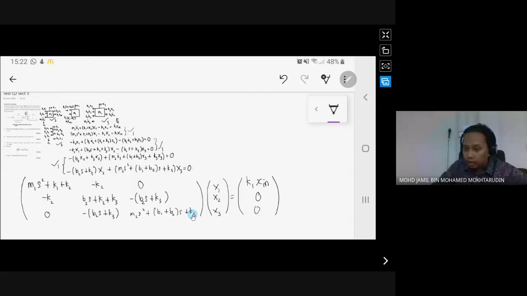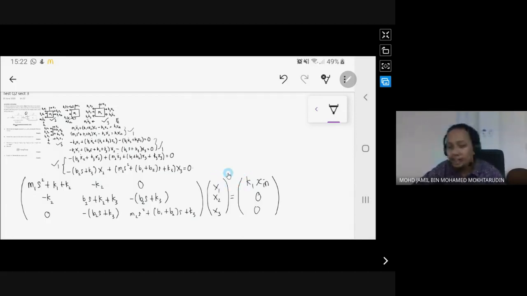Doktor, kalau tak ada K1 untuk X in untuk matrix tu, so if you have no K1 from the free body diagram, in the equation no K1, and in the matrix no K1, I didn't deduct any mark, okay? But if you don't have K1 here, you have K1 here suddenly, I deduct 1 mark. And then K1 here again, I deduct another mark. Okay? So if you're consistent, I didn't deduct any mark.